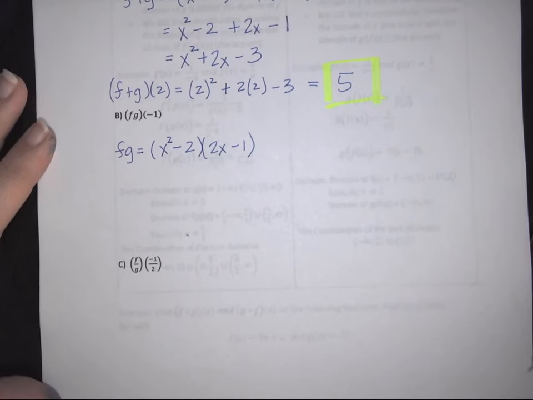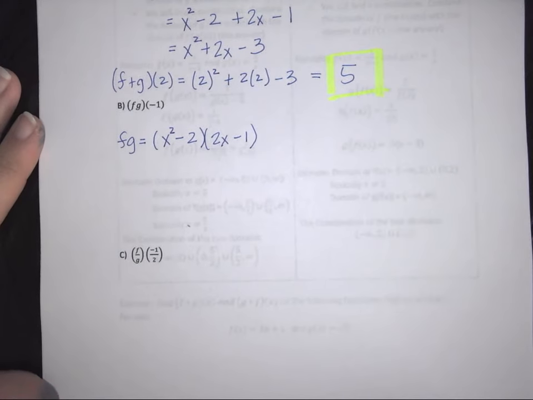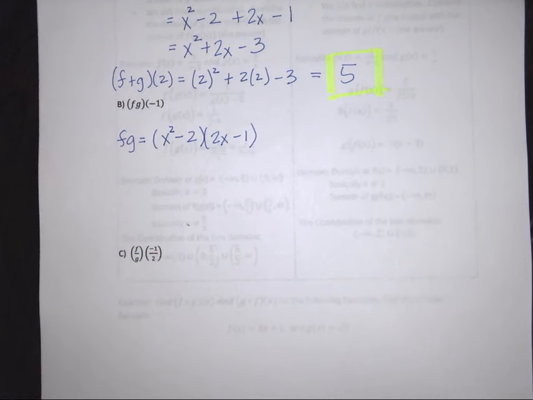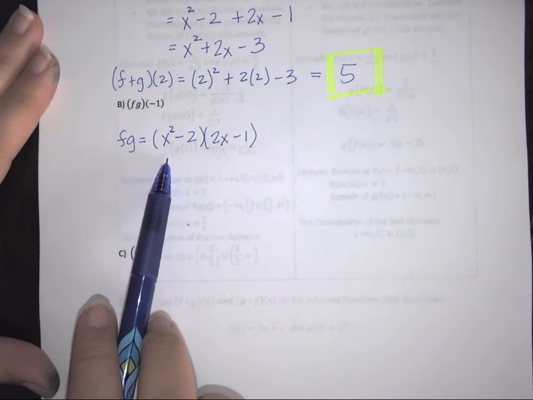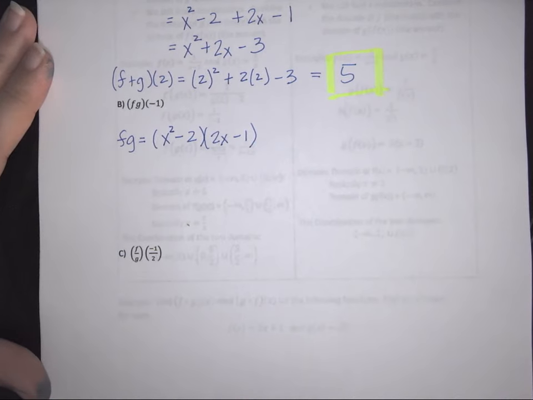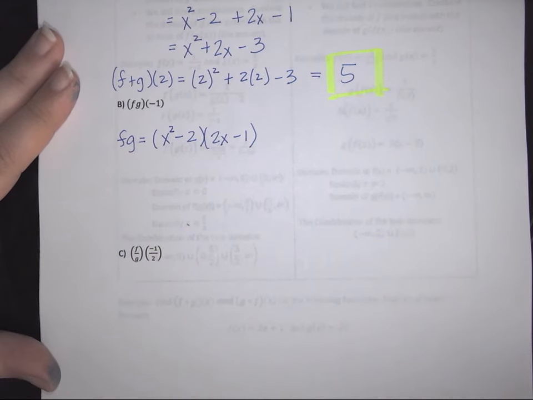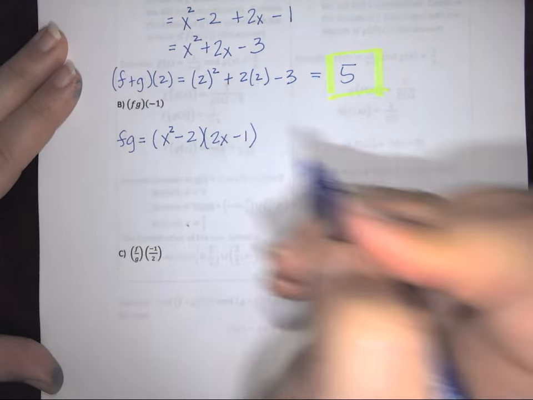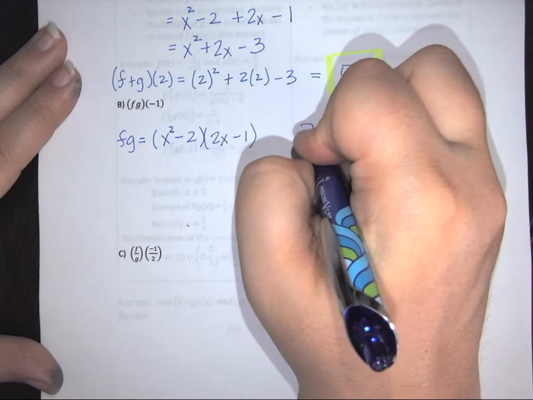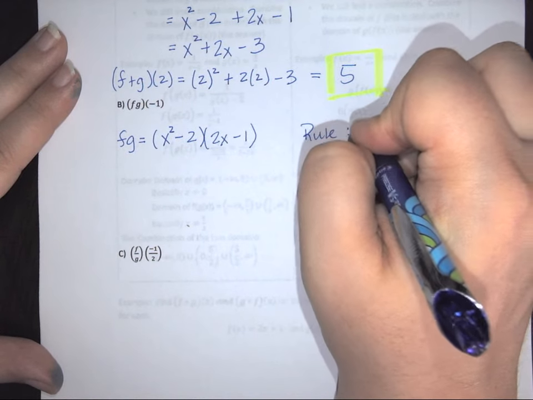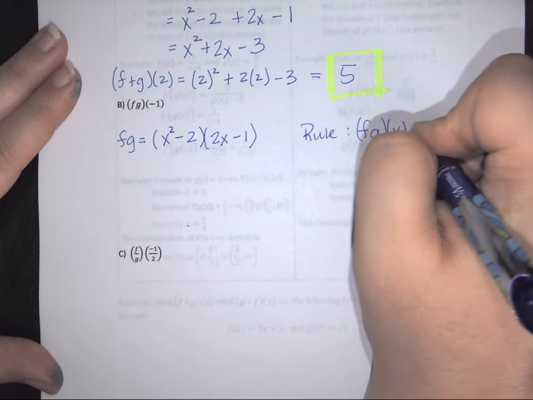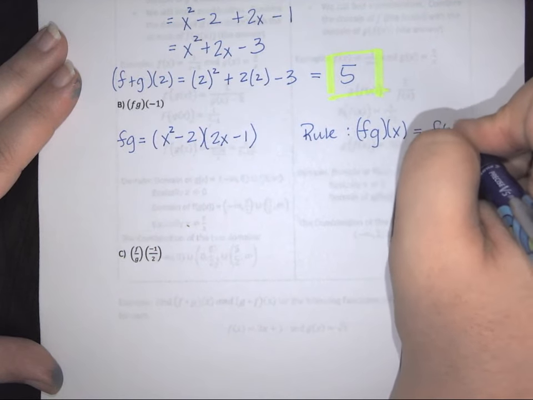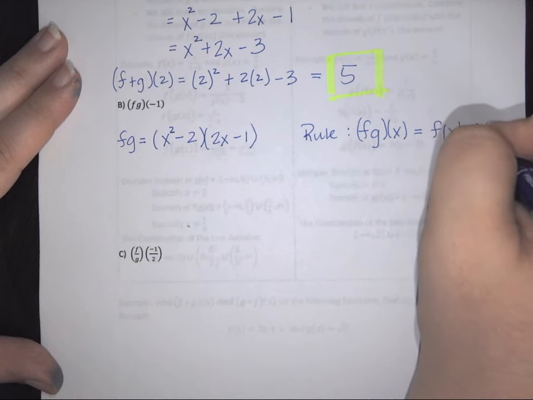There is another way that you can attack your evaluating, and you kind of have to decide by personal preference. That says that I'm going to evaluate at each part and then simply multiply them together. So, since we remember the rule, which says that f times g evaluated at x is the same as f of x times g of x.